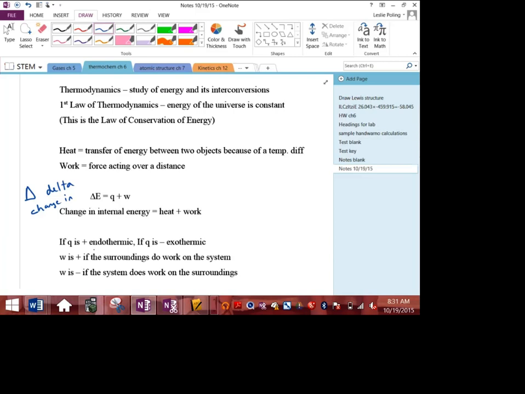So imagine like that syringe we used for the pressure volume lab. If you're pushing that in, you as the surroundings are doing work on the system, the gas. When you took your hand off, the gas did work because the gas expanded and pushed it back out.